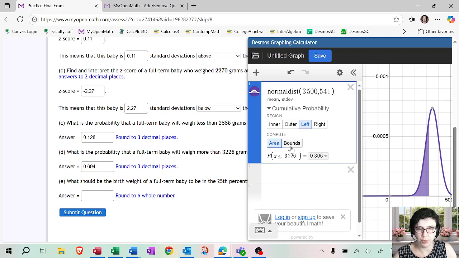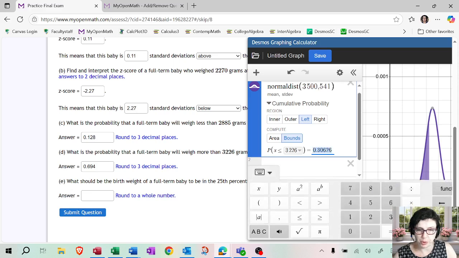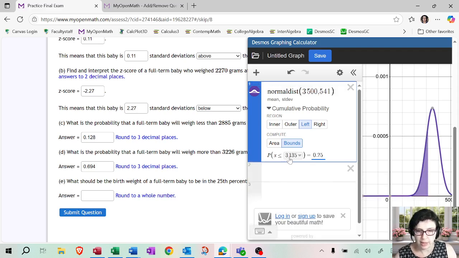Under compute, you're going to switch to bounds. And again, region is left. Then you're going to put whatever percent in here, but you cannot put 25. You have to convert the percent to a decimal by dividing by 100. So 25 divided by 100 is 0.25. And then that corresponding number would go in the blank right here.